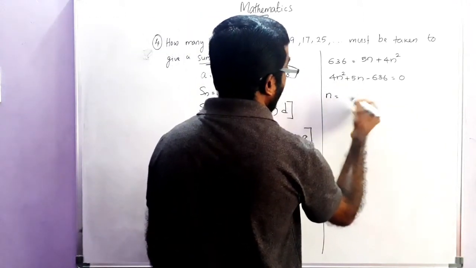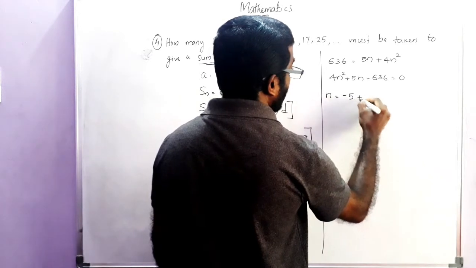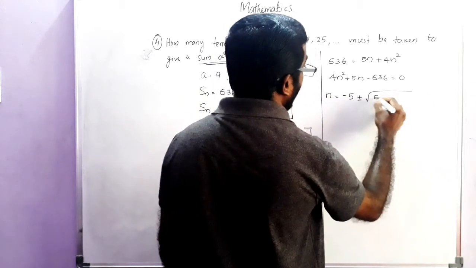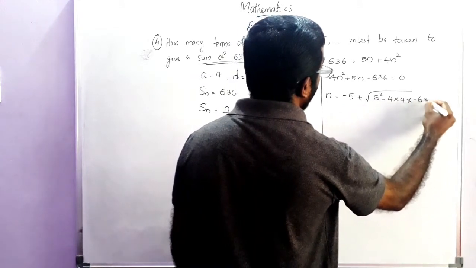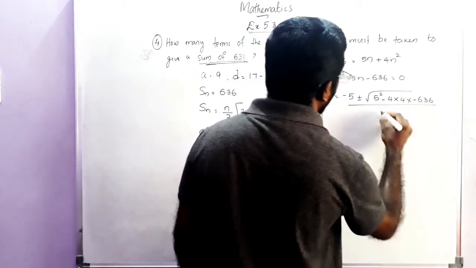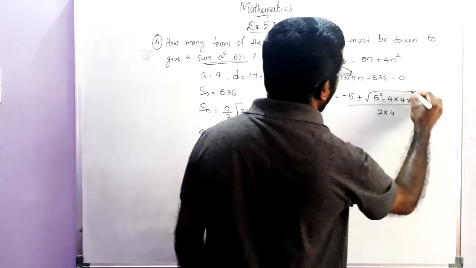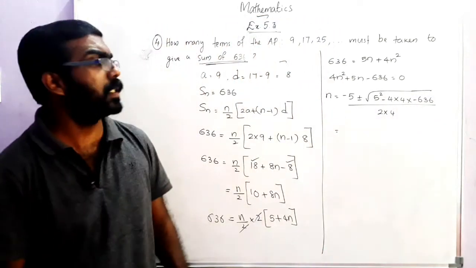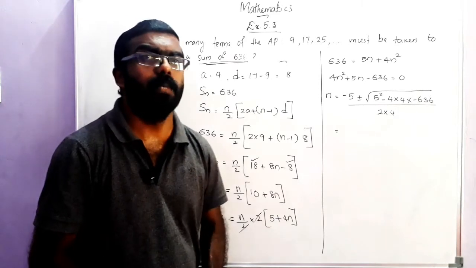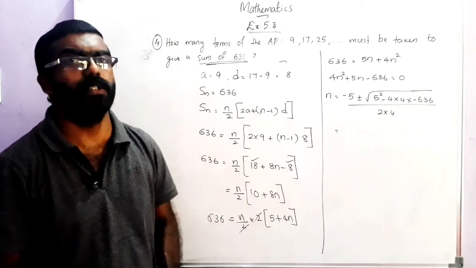Here n is equal to minus 5 plus or minus root of 5 square minus 4 into minus 636 divided by 2 into 4. I use the quadratic formula x equal to minus b plus or minus root of b square minus 4ac divided by 2a.